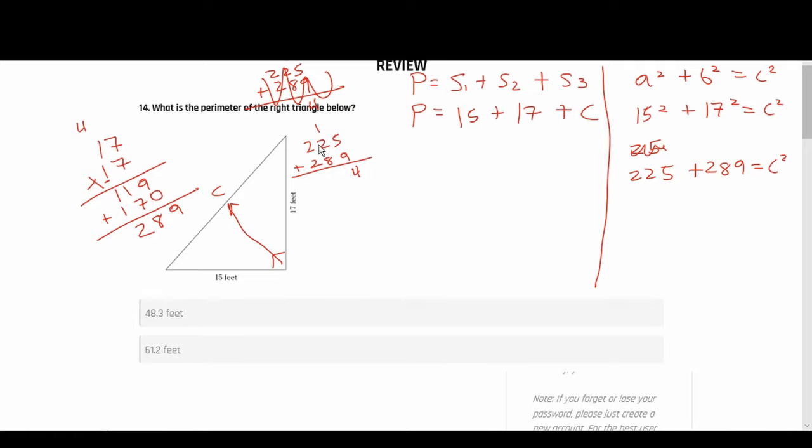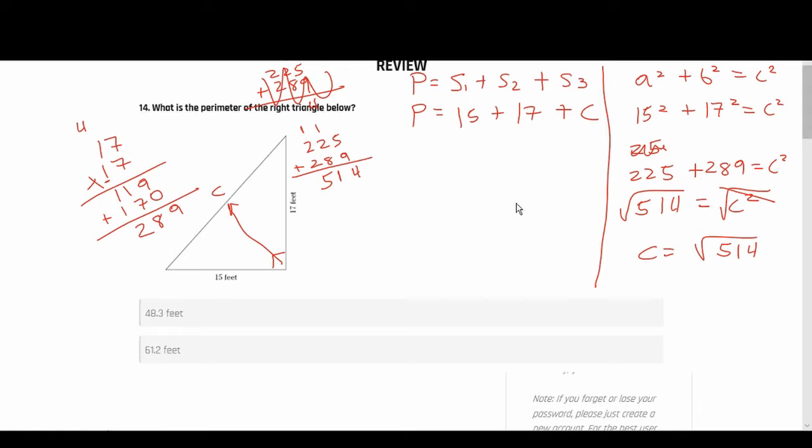Carry the 1. 8 plus 2 is 10. Plus 1 is 11. Carry the 1. 2 plus 2 is 4. Plus 1 is 5. So we're left with 514 equals c squared. Now we're going to take the square root of both sides to get rid of this squared. This goes away. We're left with c equals the square root of 514.